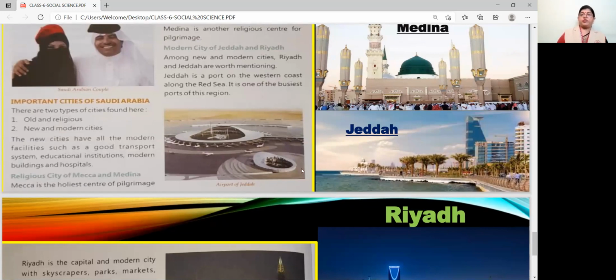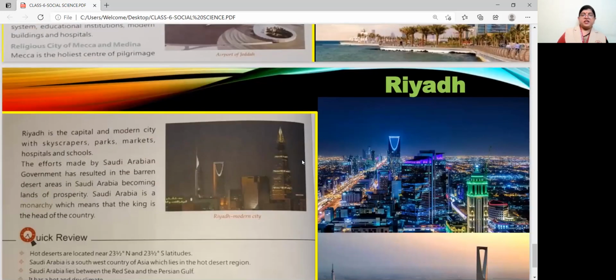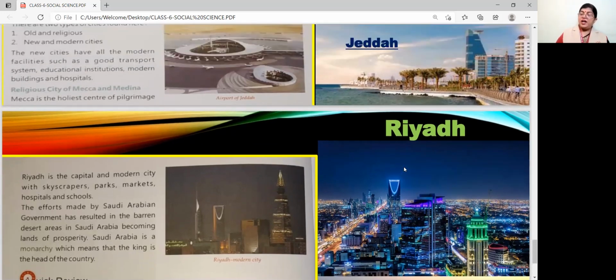Now, Riyadh is the capital and a modern city. Mecca and Medina are the old and religious cities, and Riyadh and Jeddah are the modern cities.